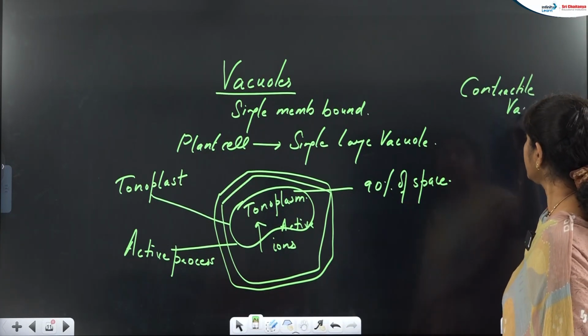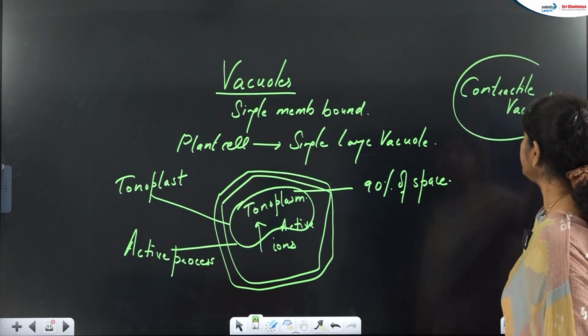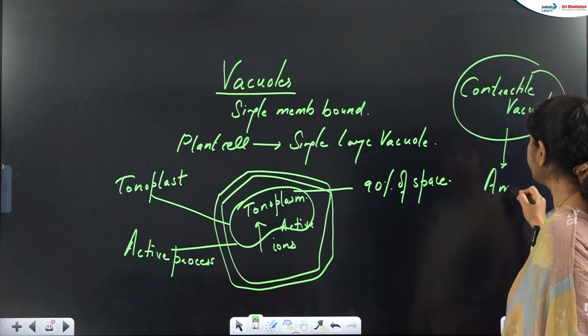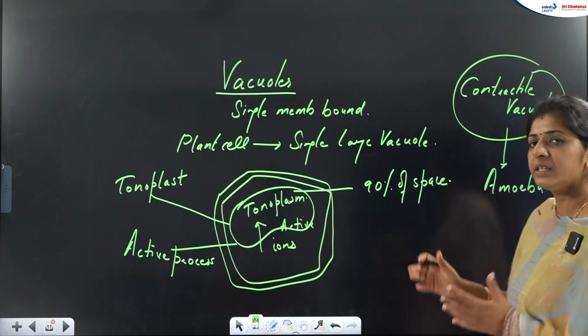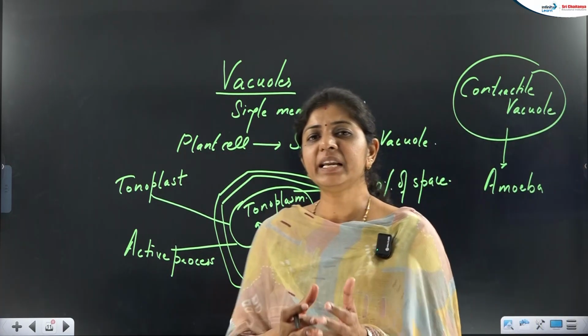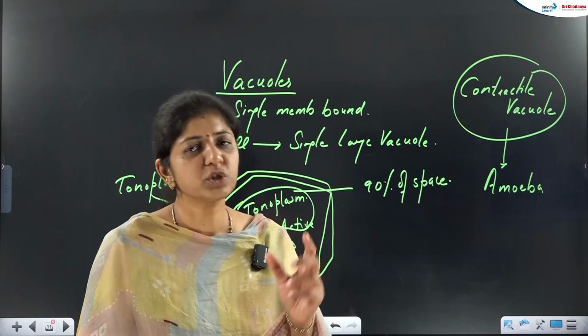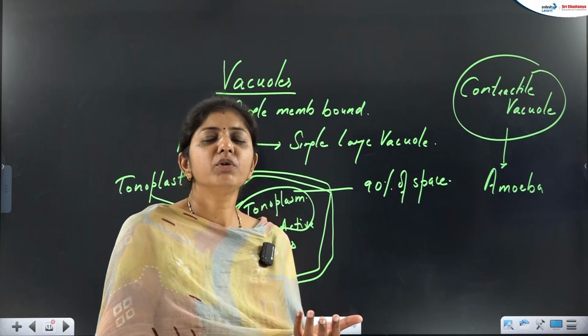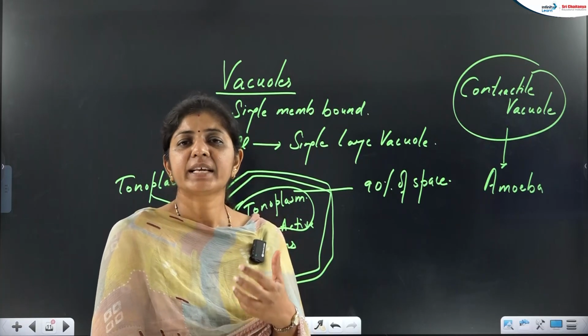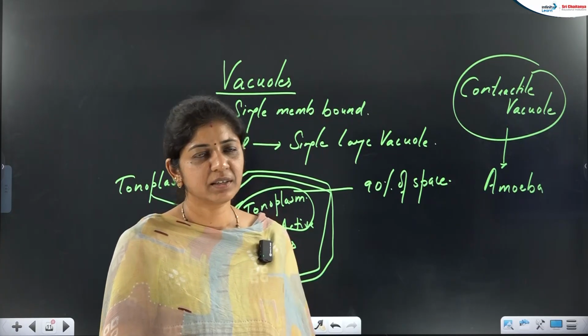This is in the case of amoeba. So whatever extra water comes inside the cell, it will throw out, like our kidneys are doing. So they are acting as an osmoregulatory organ, or you can even call it a part for excretion of substances, right?